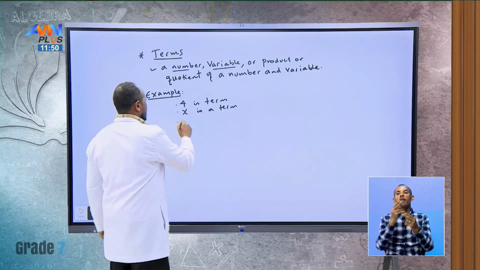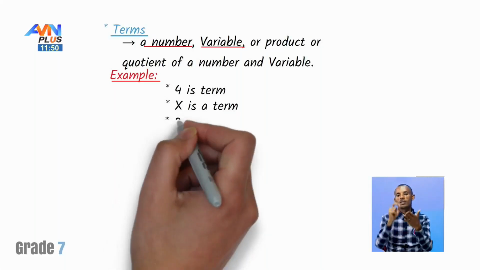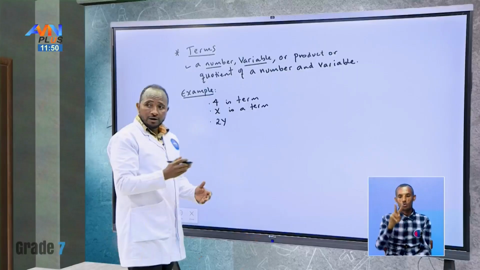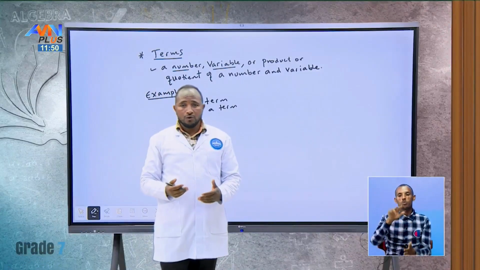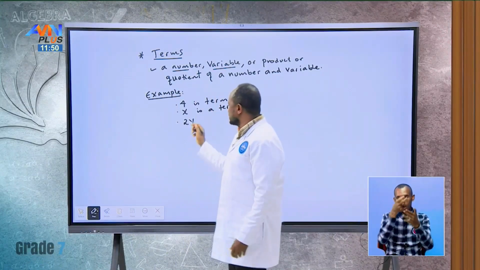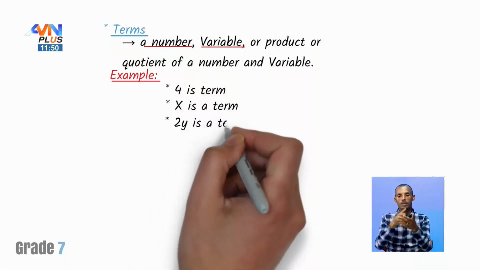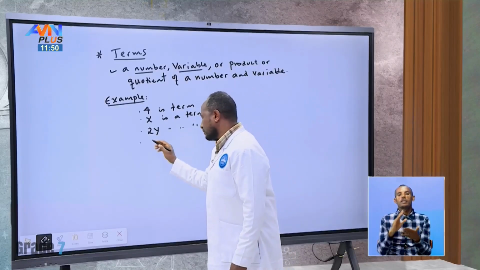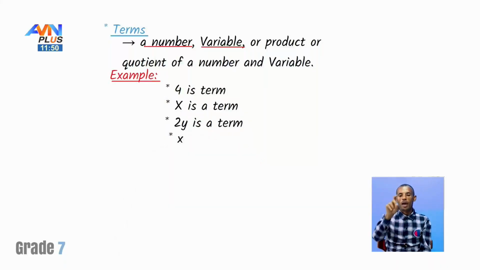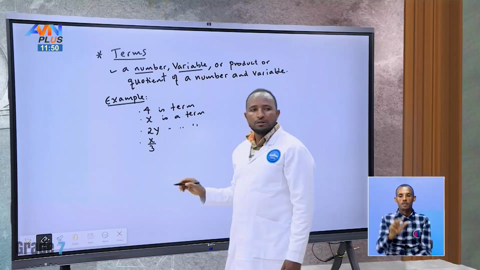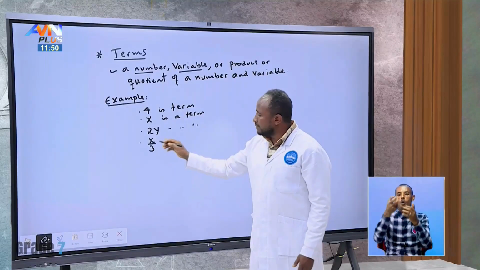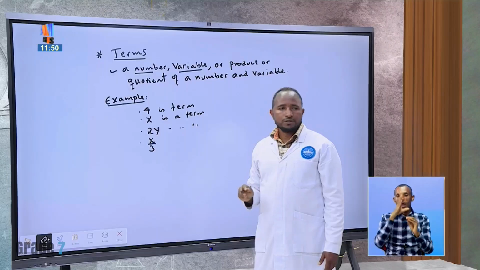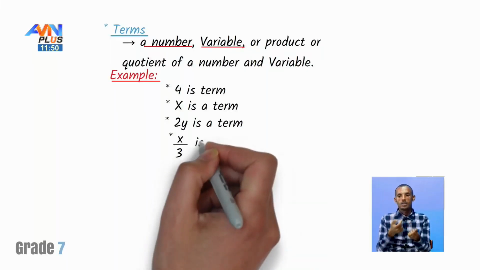That means you can write it in this form: 2y is a product of a number and a variable. So the product of a number and a variable is also a term. Now take this one: x divided by 3. The quotient of a number and a variable is also a term.